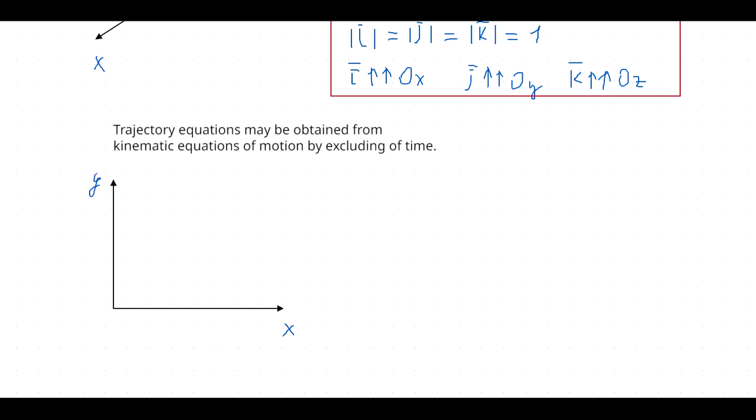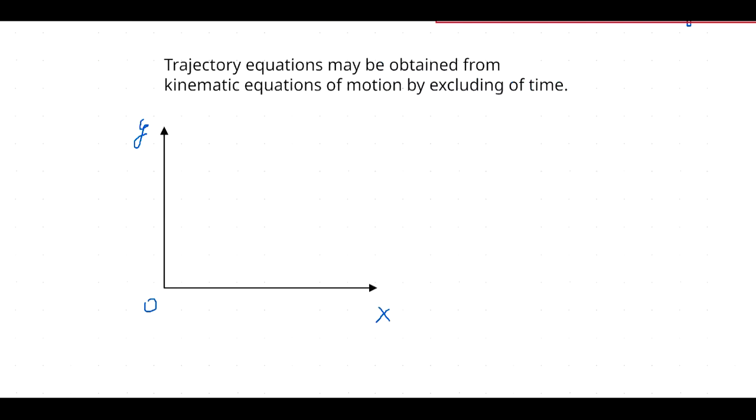and let's imagine that at initial moment in time, the position of material point is this, and at another moment of time, we have this position.